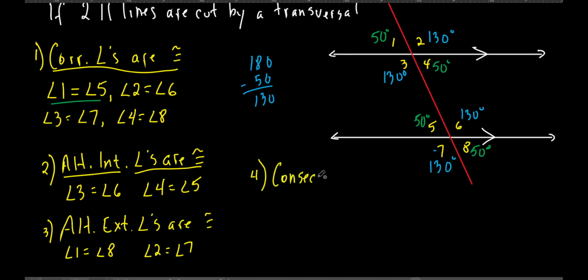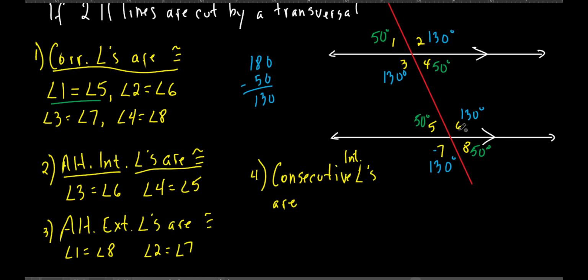Now, I want you to think about this. Up to this point, all this stuff has been equal to each other, correct? But what about consecutive interior angles? I forgot to put the interior. Consecutive interior angles. So which ones are consecutive interior angles? 4 and 6.